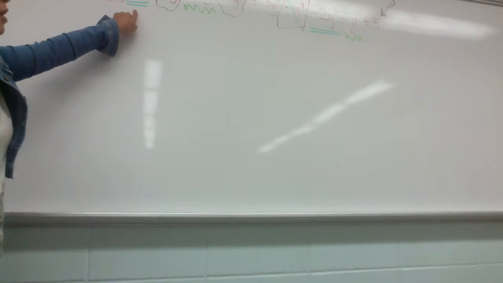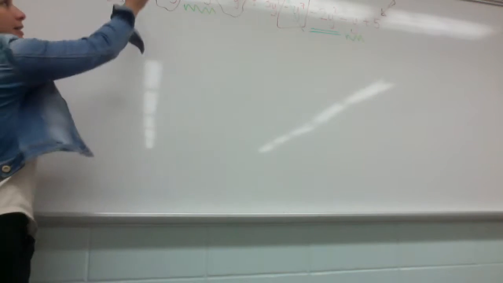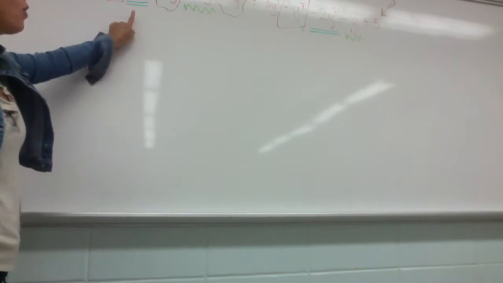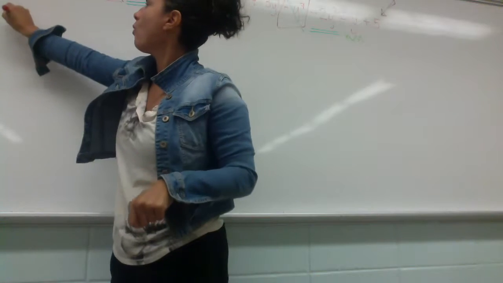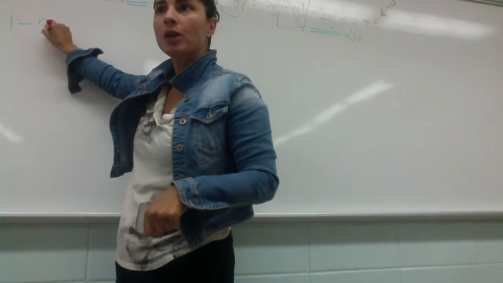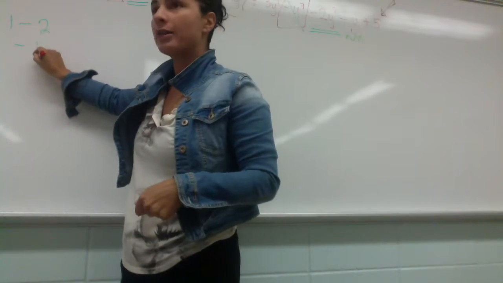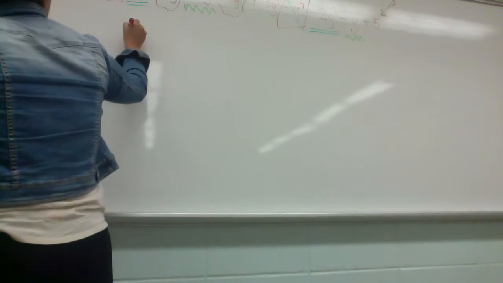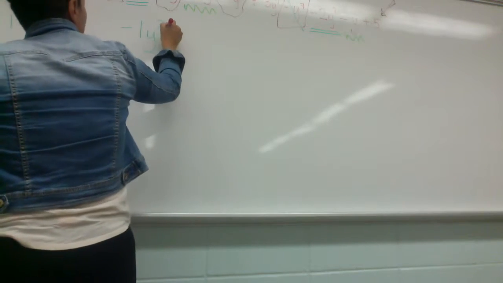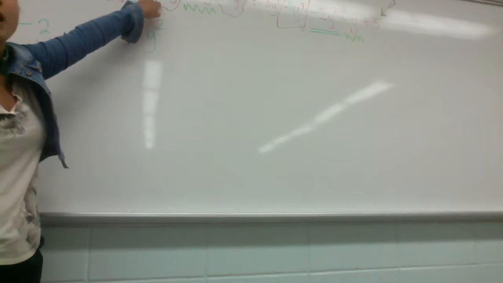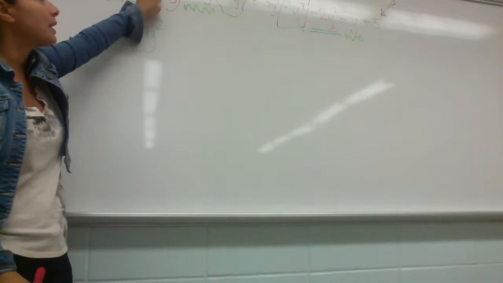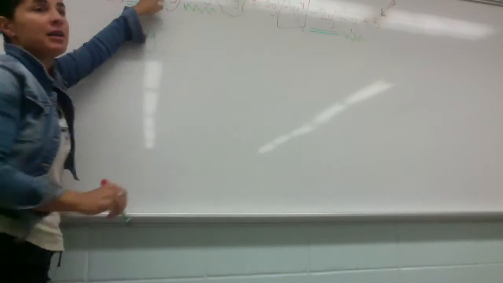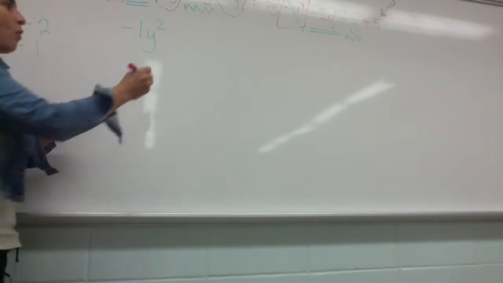Next, I'm going to look at the y squared. I have 1 here. It's invisible, but it's there. 1y squared minus 2y squared. You do 1 minus 2, and that would give you negative 1. So that's how many I have left. Negative 1y squared. I move to the y cubed, and there's another one here. So I have 3 plus 1 means that I have 4y cubed.